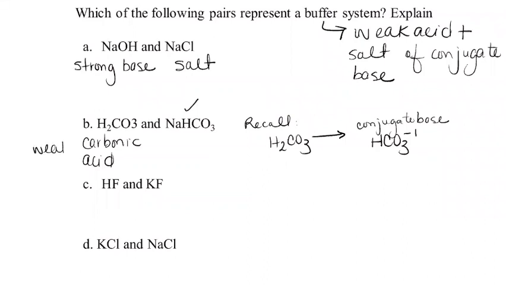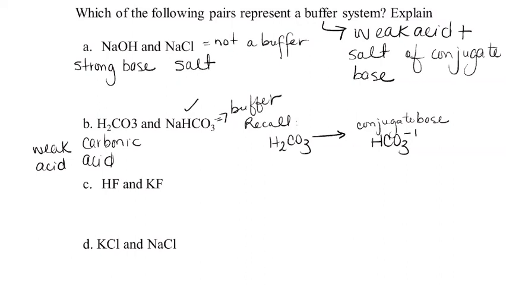Since this is a weak acid, and we know that NaHCO3 is the salt of the conjugate base, is this a buffer or not? Exactly, this is a buffer. So let me put here, not a buffer for the first pair. This is a buffer system.